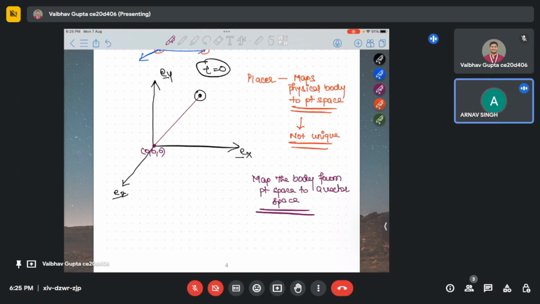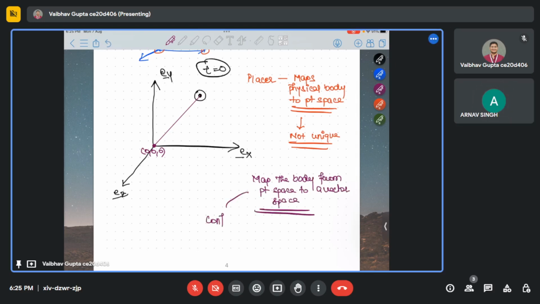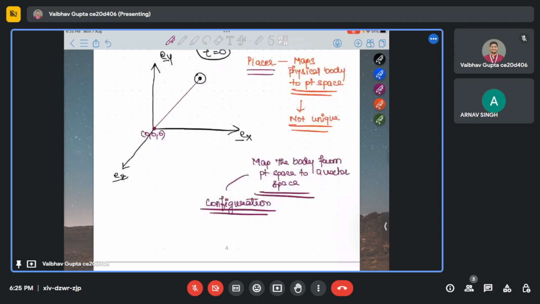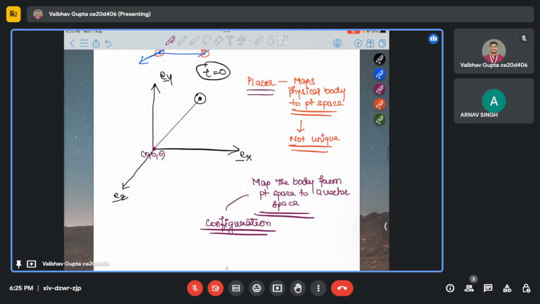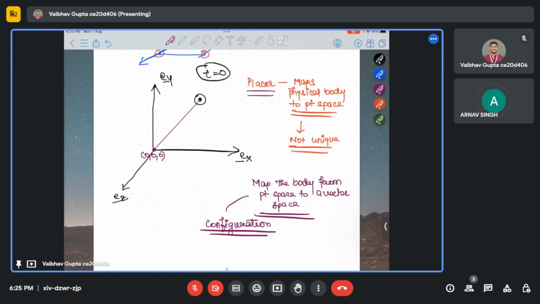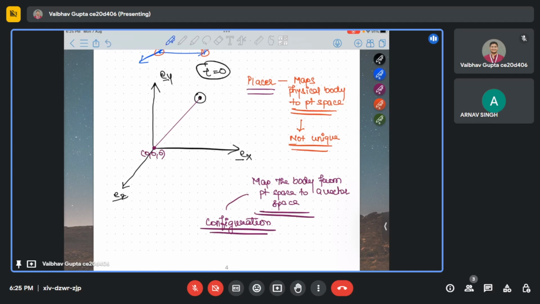This is known as configuration. These two words are very important if you go ahead: one is placer, one is configuration. So now the body is at time t equal to 0, and we call this body as in the reference configuration.